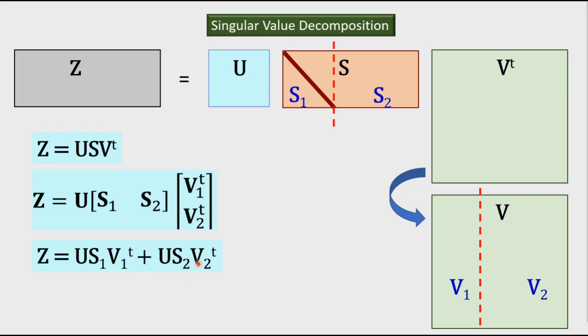So I can remove this to obtain my original Z matrix expressed as U S1 V1^T, and therefore this pertains only to the solution space. I've removed any mention of the null space because it is not needed. The vectors in this space are not needed to fully express the original Z matrix.